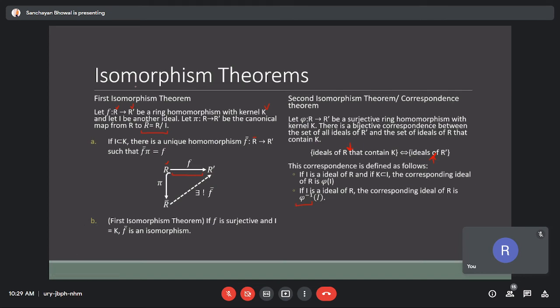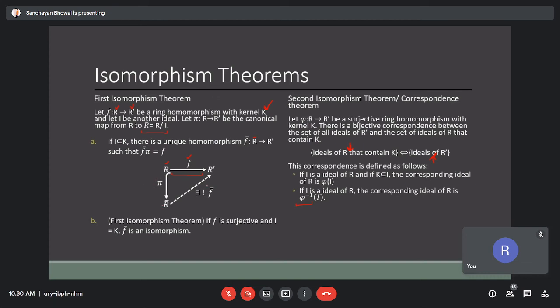So what we had in the first isomorphism theorem: we had this R, and from R we go to R dash with the help of F, and we have this kernel K. Kernel means all those elements which are mapped to 0. Now we have the canonical homomorphism from R to R bar, and this is pi.